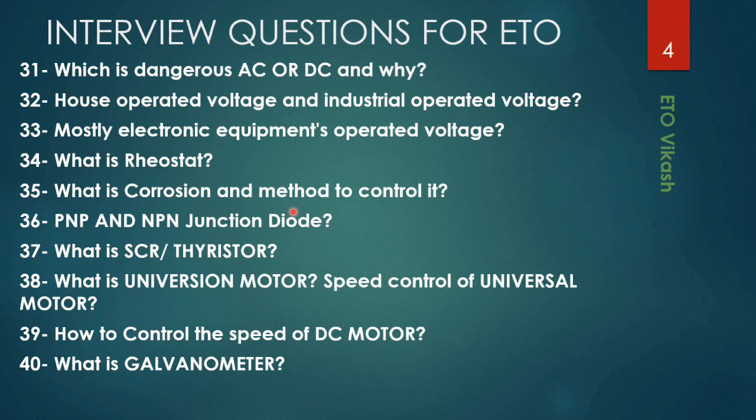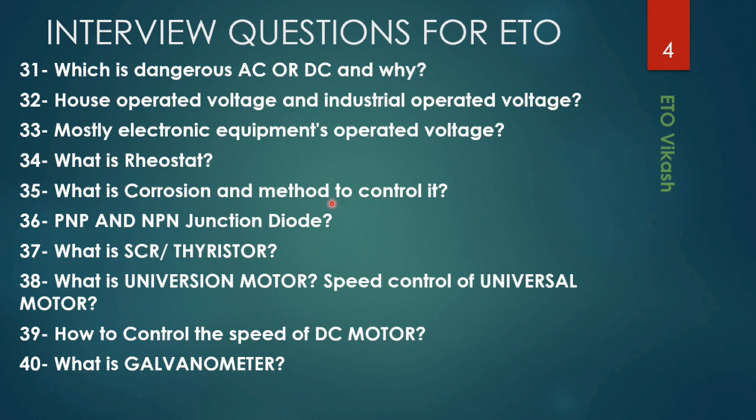That small piece of sacrificial anode gets corroded, and by this the ship is protected. So we can control corrosion by a sacrificial anode or by paint also. There are other methods also; you can search for them.